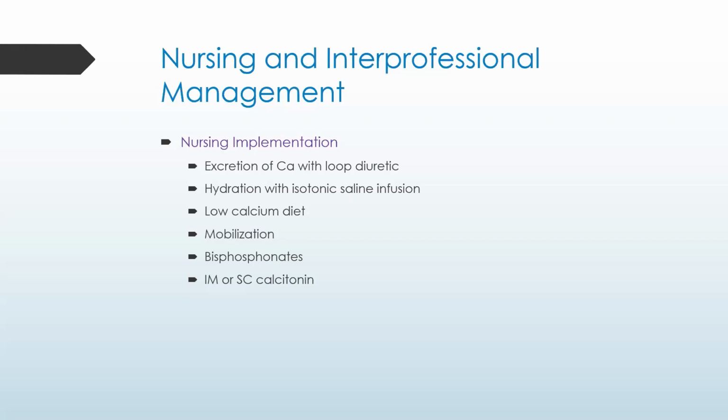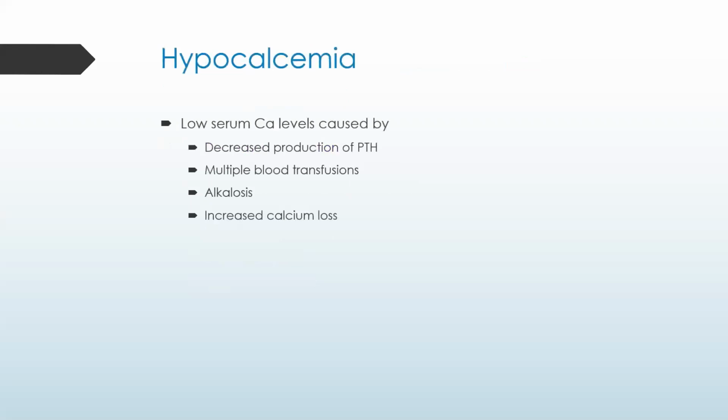Because it takes 2 to 4 days for these to achieve maximum effects, patients receive intramuscular or subcutaneous calcitonin for an immediate effect. Calcitonin rapidly increases renal calcium excretion. However, therapy is only effective for a few days and may cause tachycardia. IV saline therapy requires careful monitoring for fluid overload. Dialysis is an option in life-threatening situations.